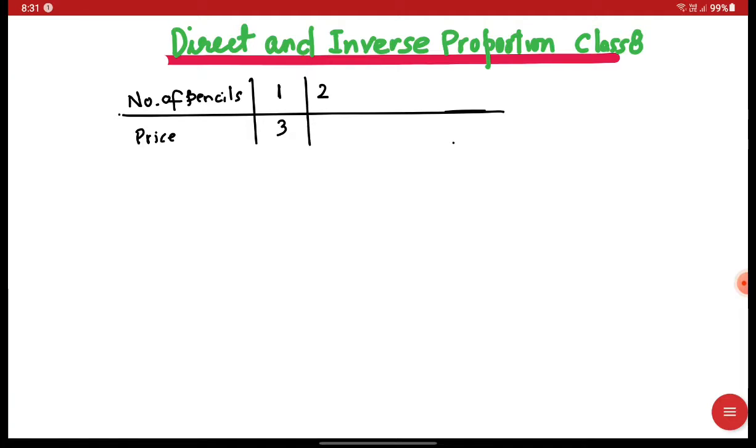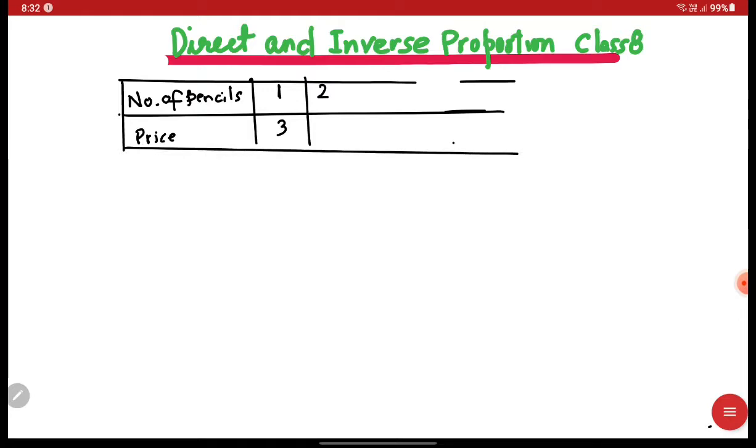We'll find out based on the title of the topic, direct and inverse proportion. We'll try to understand how this particular topic relates to the topic of the day.